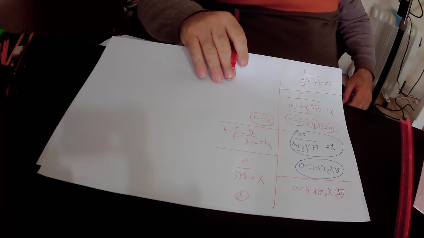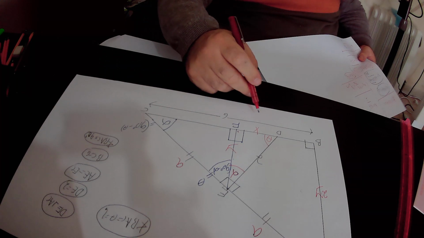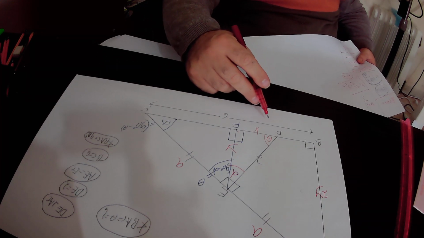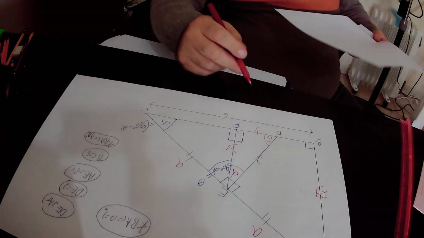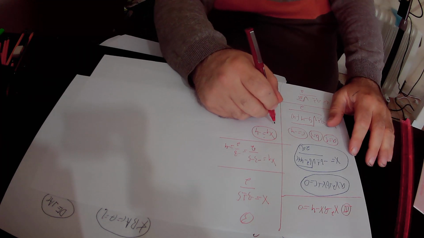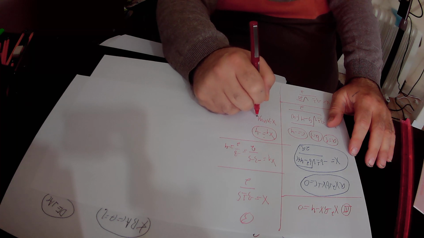And here, because x is the length of side DF, it must be a positive number. X is the length, and therefore it must be a positive number.